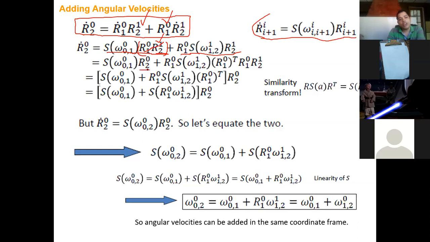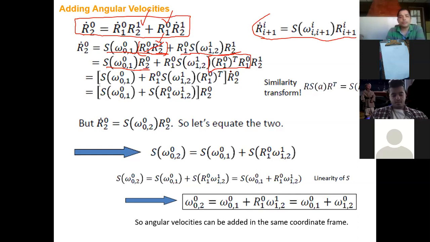So the first term has no change, and these two together condense to R02. For the other term I'm going to apply a little trick: I multiply by 1. On this term, R10 is R10, S is S, and R21 is R21, and I added this extra term, which is 1, because R times R transpose is 1.